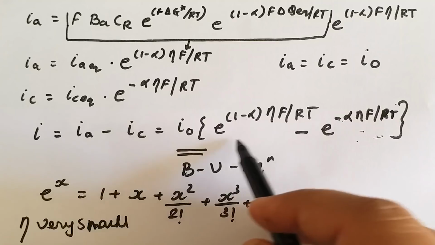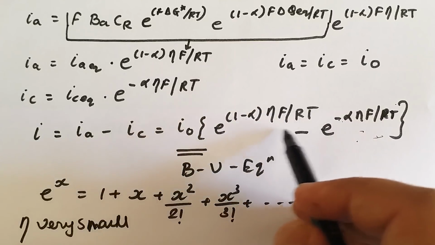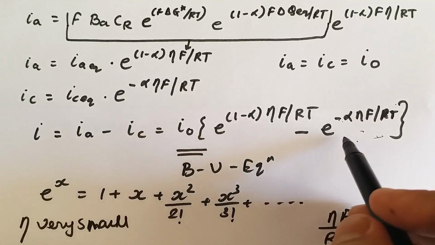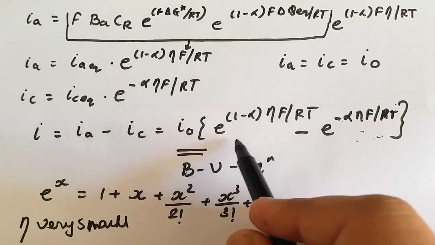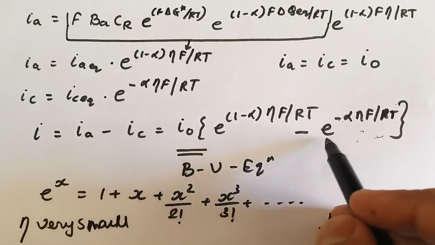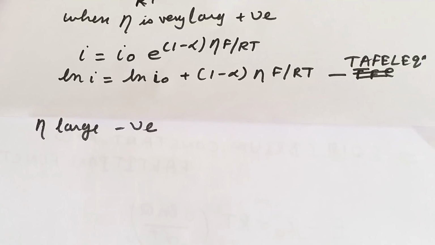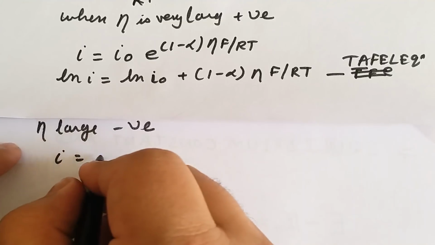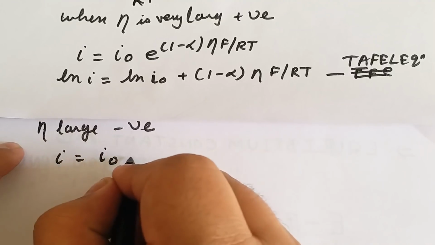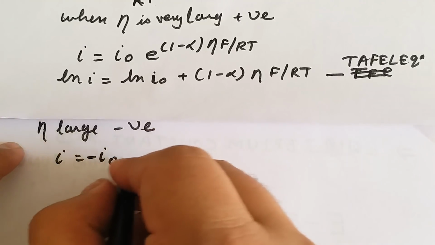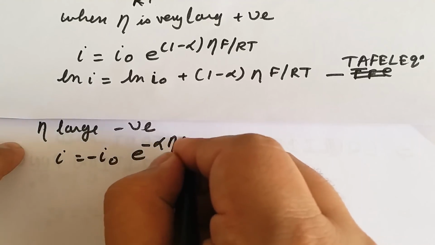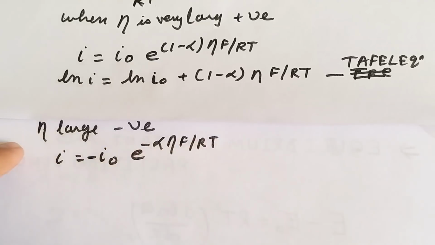So the value of the first term in this relationship will be very small as compared to the second term, and this can be neglected, and we are left with only the second term, and hence I will be equal to minus I0 e raised to minus αηF/RT. So we are only left with this particular term.